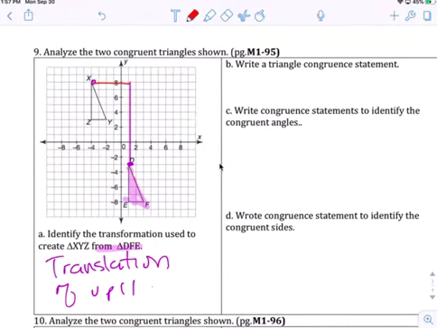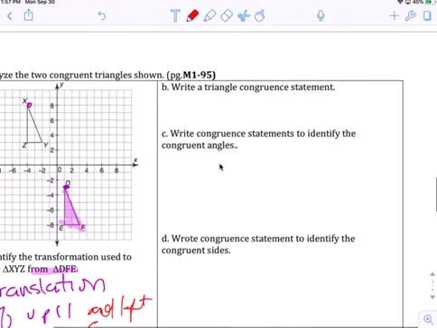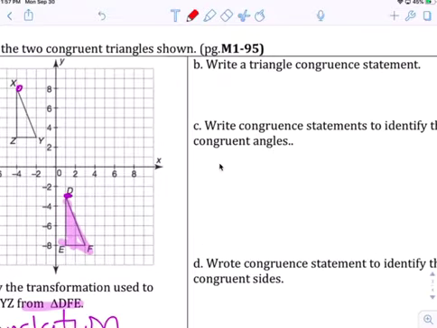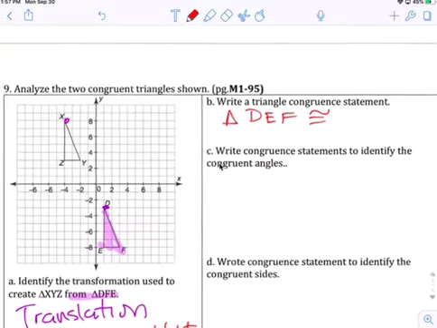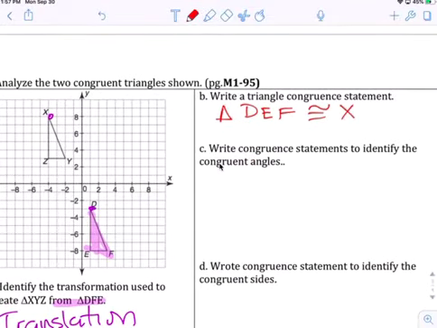And left 5. Okay? Write a congruency statement. Triangle DEF is congruent to triangle XZY.